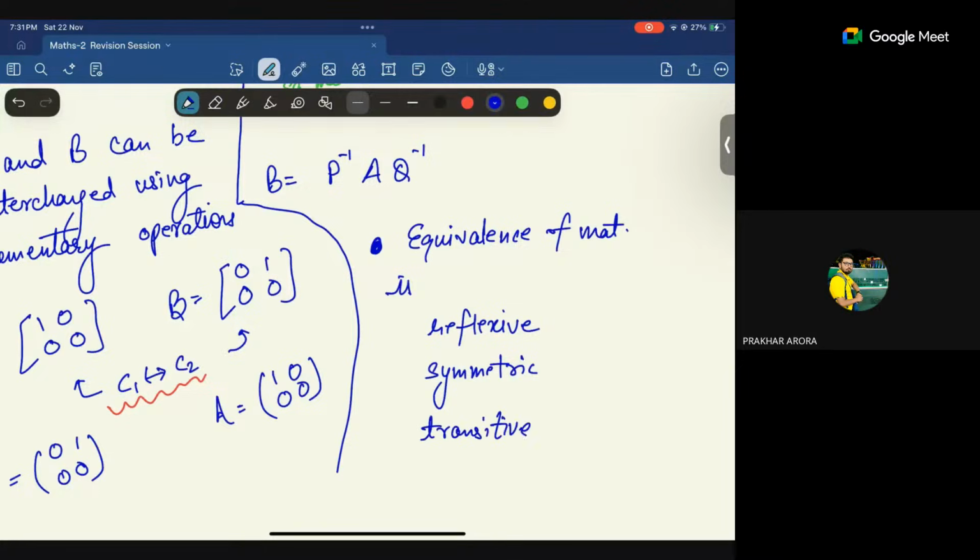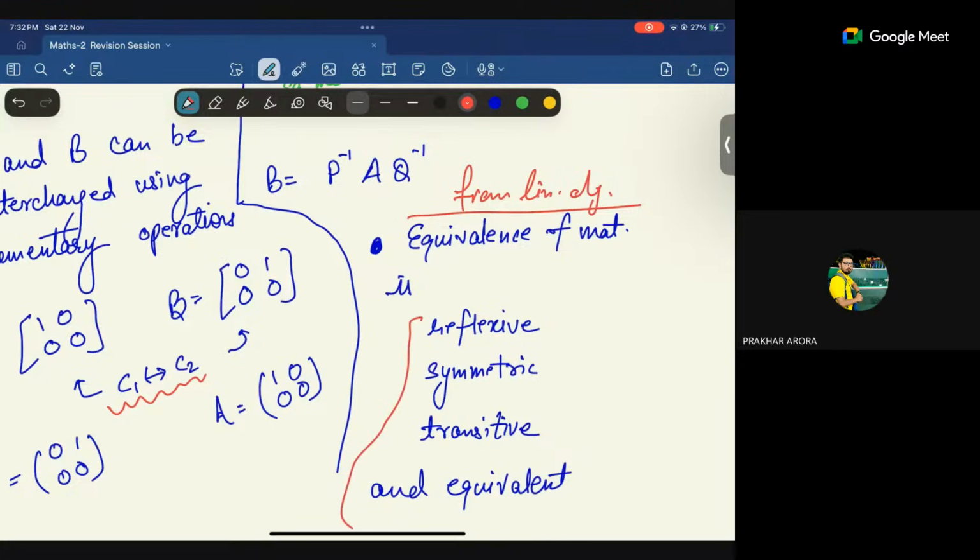This is a great source of confusion. Now pay attention: this is from linear algebra, but these terms are from set theory. I have seen many people suffer with this.